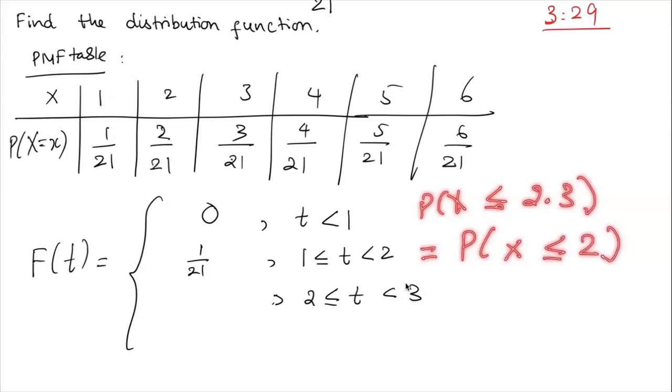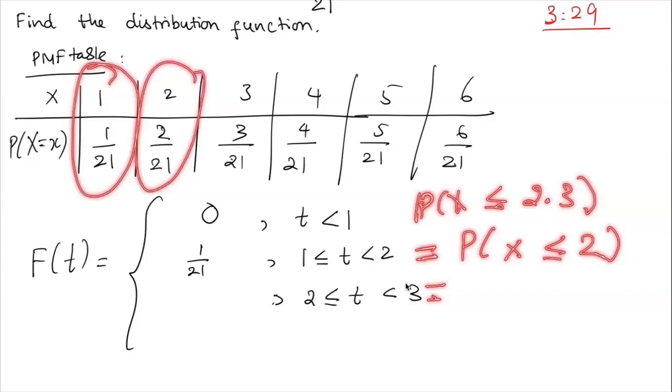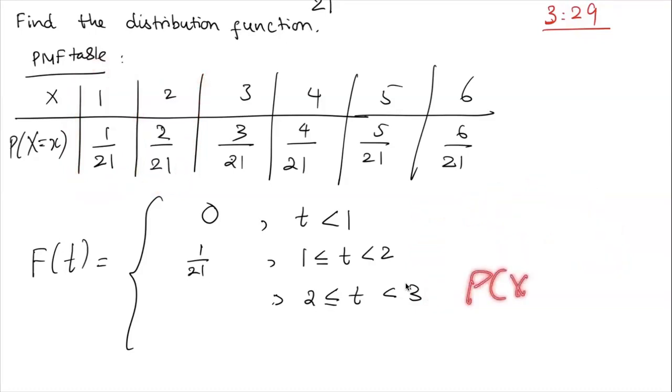Because x cannot take any value between 2 and 2.3. So these two probabilities are the same. And what is the probability x less than or equal to 2? We have to see what the possible values of x that are less than or equal to 2 are. It is just 1 and 2. So we have the probability of x equal to 1 plus the probability of x equal to 2. And we would have 3 over 21.